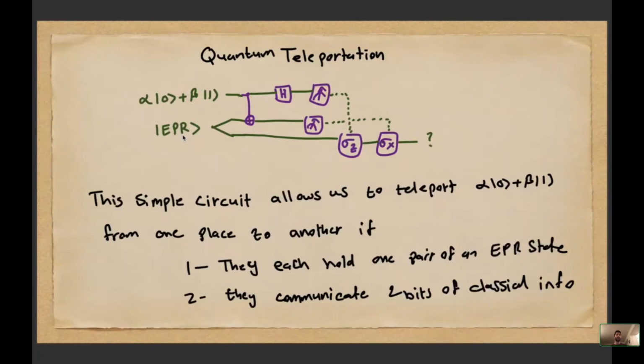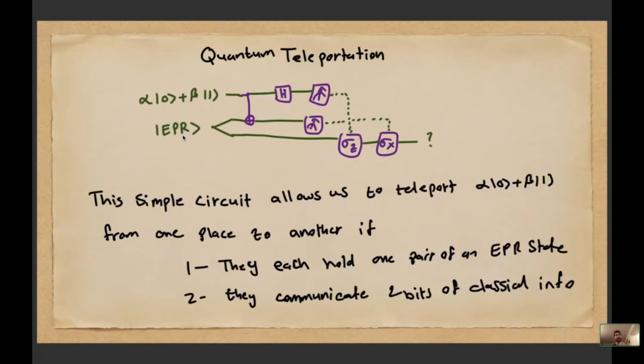So say Alice is in her lab, and Bob is in another lab, and from before, somehow they had access to one of these entangled EPR states that they shared together. One has one piece of it, the other has another piece of it, in their separate labs.